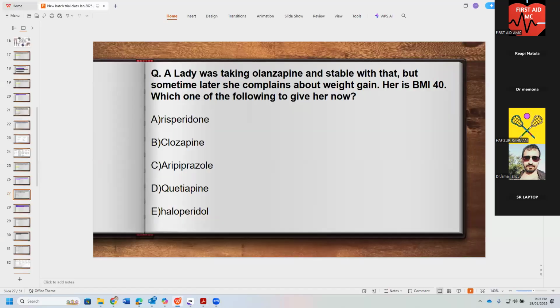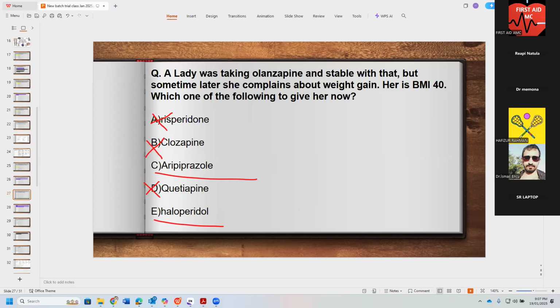So let's go back to our question. We know that risperidone is moderate risk, clozapine high risk, quetiapine moderate risk. We have aripiprazole and haloperidol. Do we usually put patients on first generation antipsychotics when they are stable on second generation antipsychotics? No, we always use the second generation one.